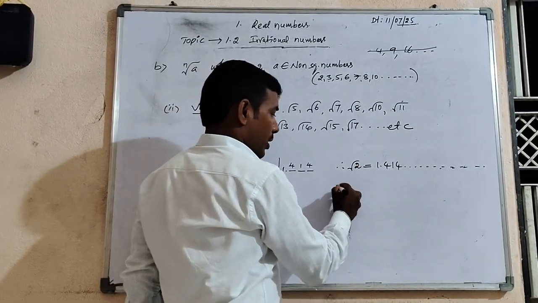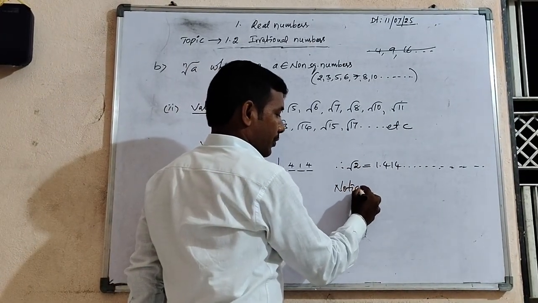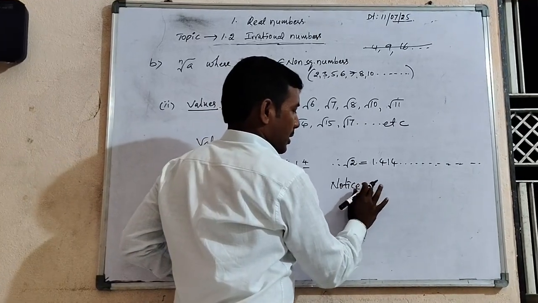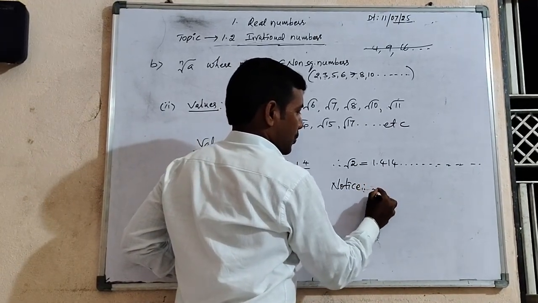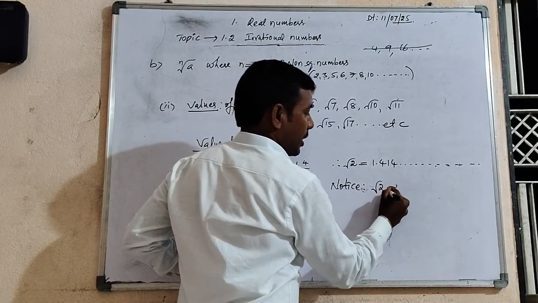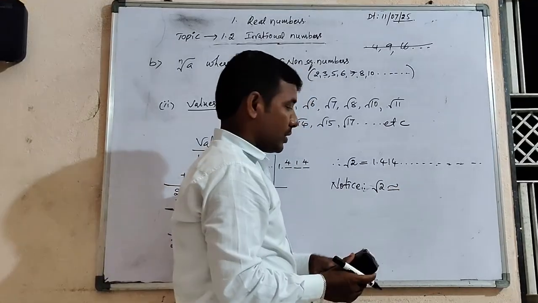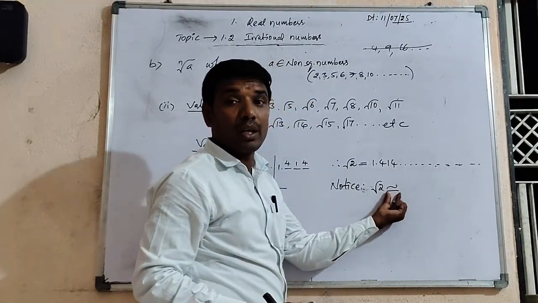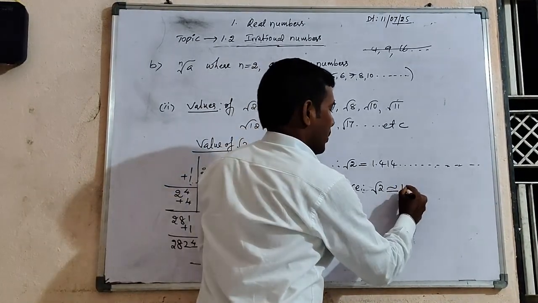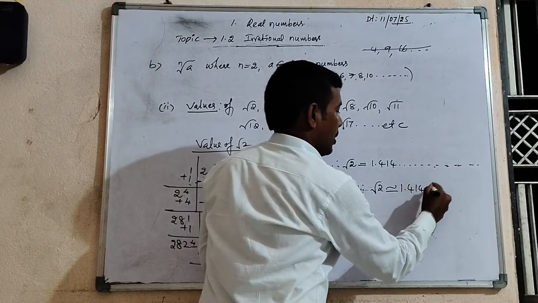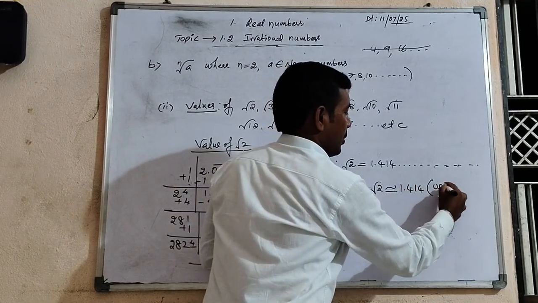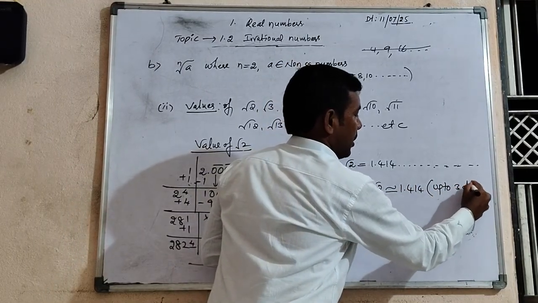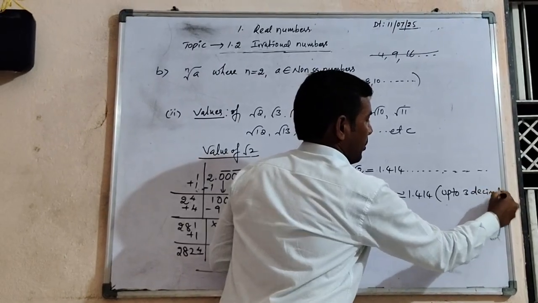See, my important note is that the square root value is approximately, this is the symbol of approximately, 1.414 up to 3 decimal places.